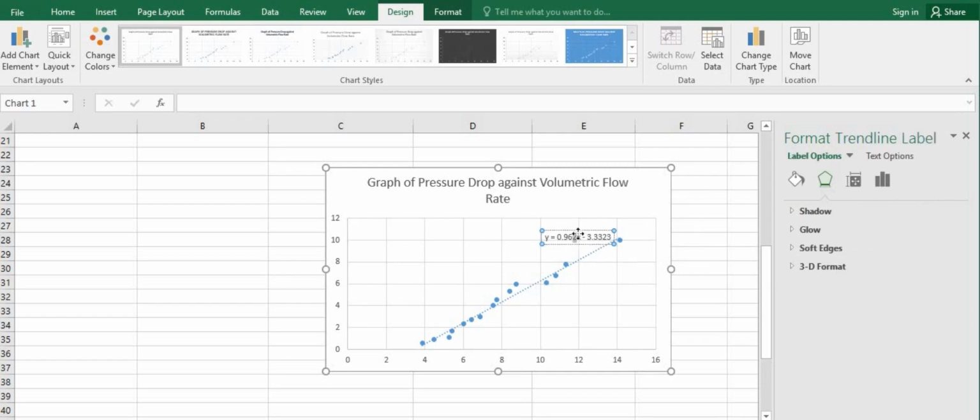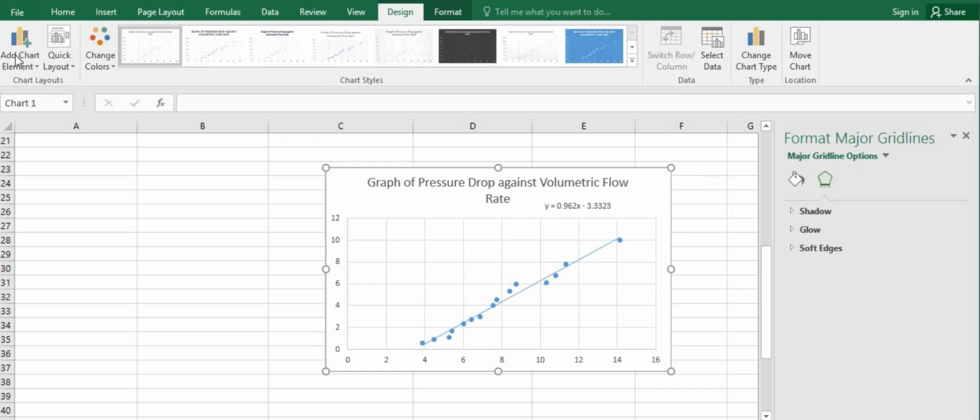Y equal to 0.962x minus 3.3323, showing that when you compare it to the equation of a straight line, y equal to mx plus c, our m, that's the gradient of the line, is 0.962, and our intercept, if you are to extend this to touch the y-axis, it will touch it at the point minus 3.3323. That's all about the graph.